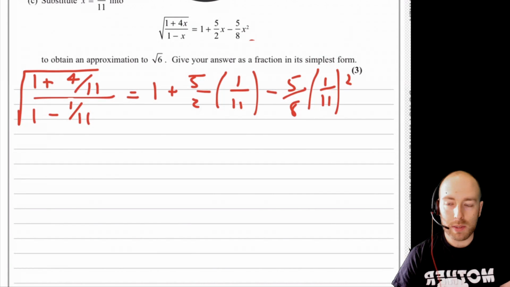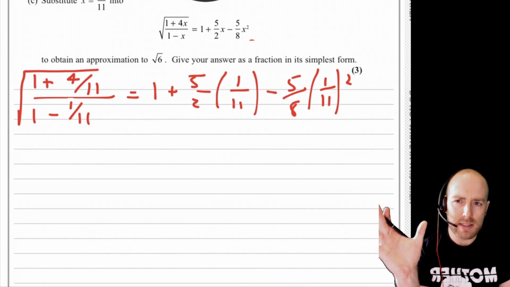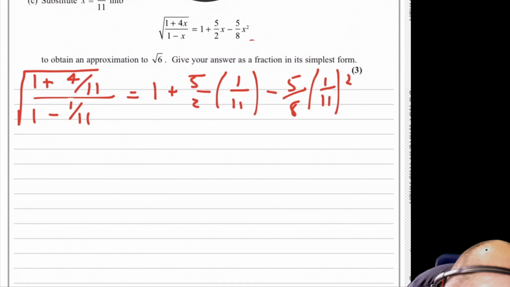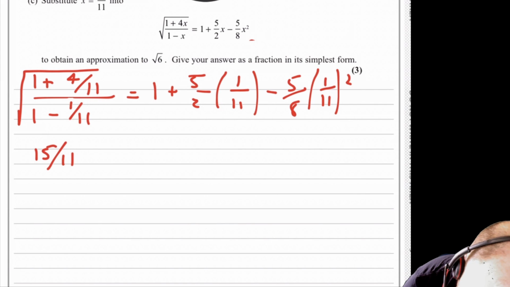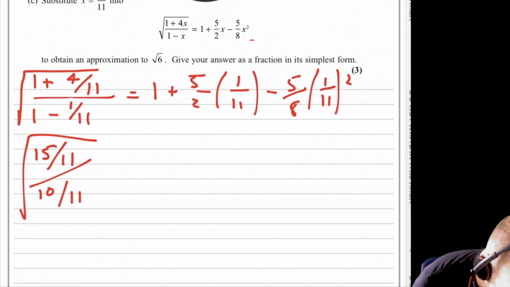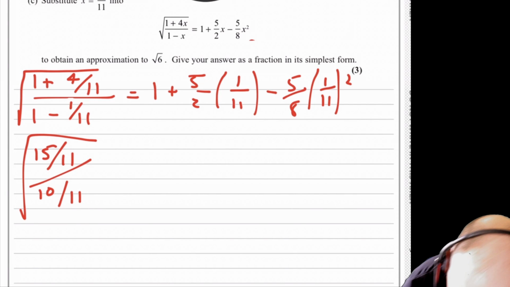All right, so to do this, we need to get the left-hand side of this to equal root 6. So let's work out what we've got. 1 plus 4 elevenths is going to be 15 elevenths. 1 minus an 11th is going to be 10 elevenths. And if we divide those, 15 over 11 divided by 10 over 11 gives us 3 over 2.